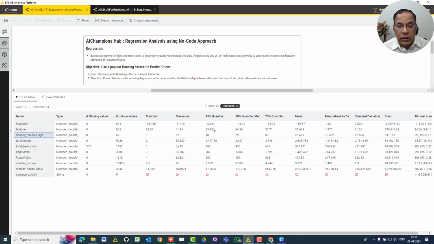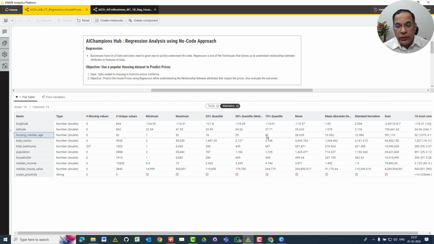That means 25% of my coverage is within the 0 to 18 age values. Then 50% of the values are falling below 29, right? So my minimum is 1, so 1 to 29, and then from 29 upwards to 52, I can see values which are another 50%.